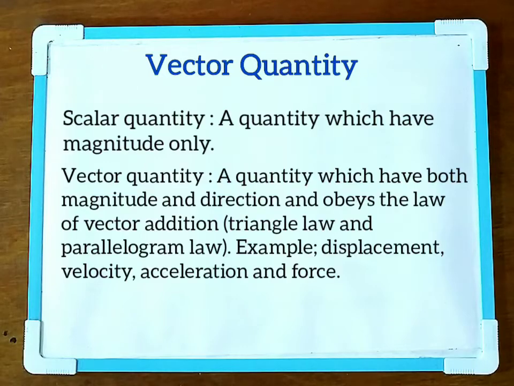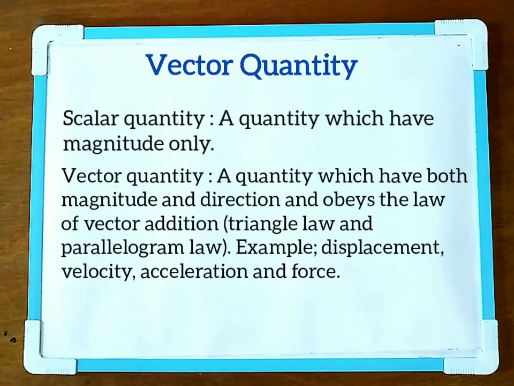So what is a vector quantity? Now a physical quantity may be a scalar quantity or a vector quantity. A scalar quantity is a quantity which has only magnitude but no direction.